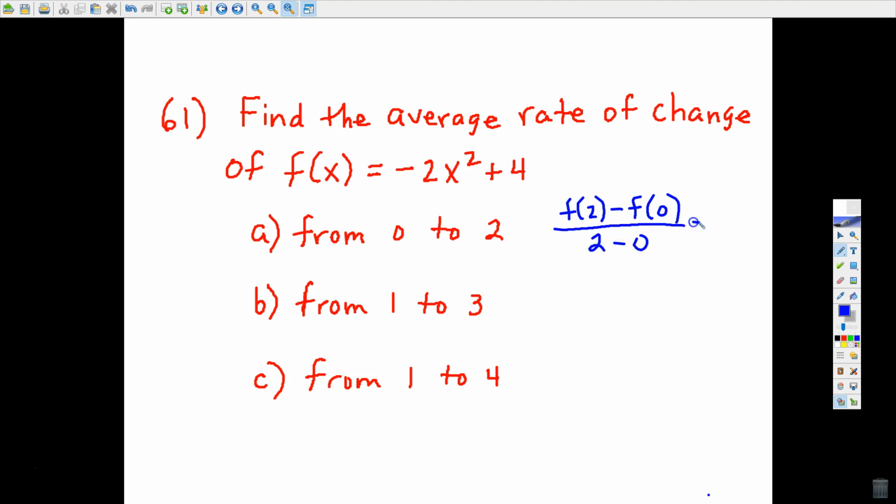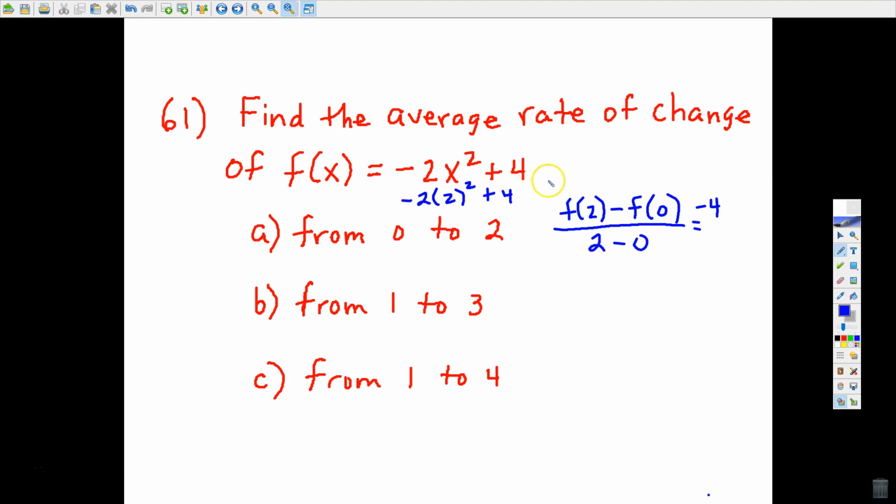All right, so let me see if I can squeeze that in here. Let's evaluate f of 2. It's like saying negative 2 times 2 squared plus 4. So 2 squared is 4. 4 times negative 2 is negative 8. And negative 8 plus 4 is negative 4. So f of 2 is negative 4.